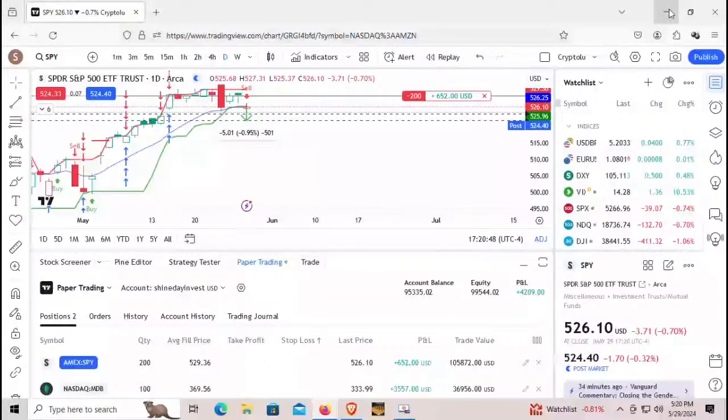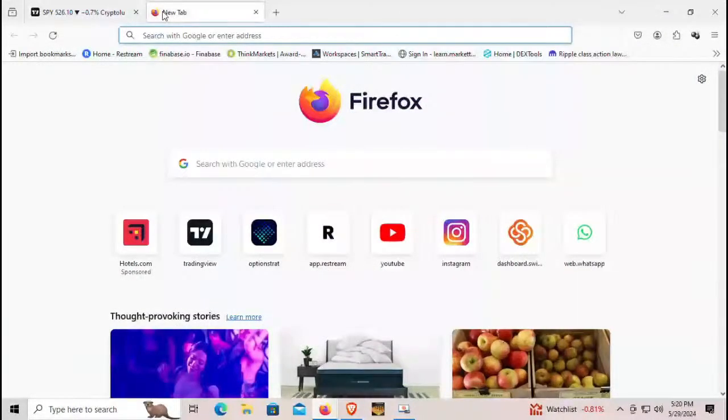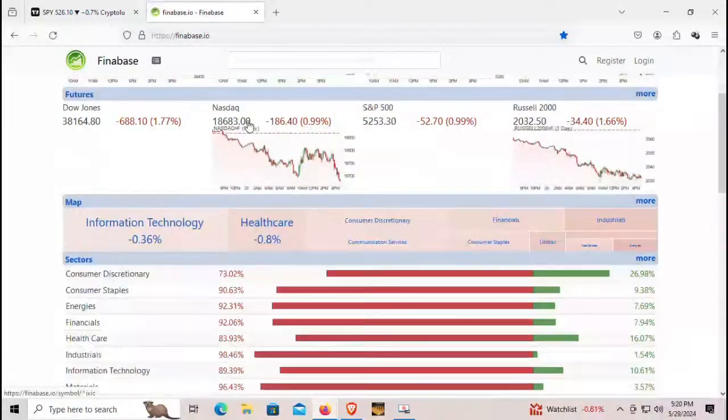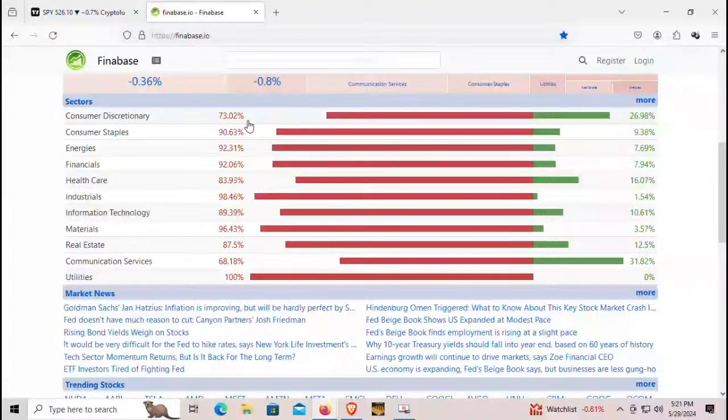Okay, guys, like they say, the transport, let me bring to you what they're talking about. I like this website. So this was today.